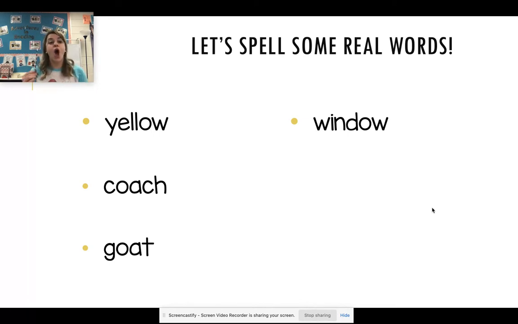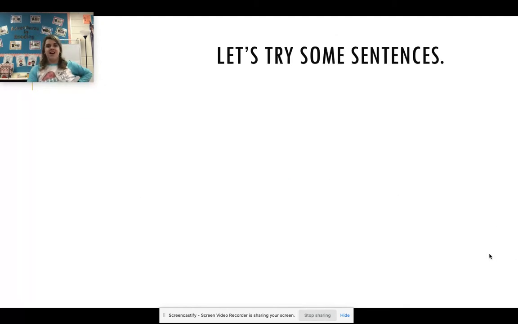Rail, road. Two vowel teams are in this. Did you spell it like this? R-A-I-L, because we know A-I goes in the middle of a word when we hear the A sound. Road, R-O-A-D, road, railroad.